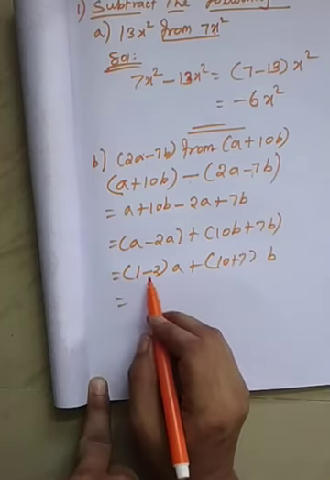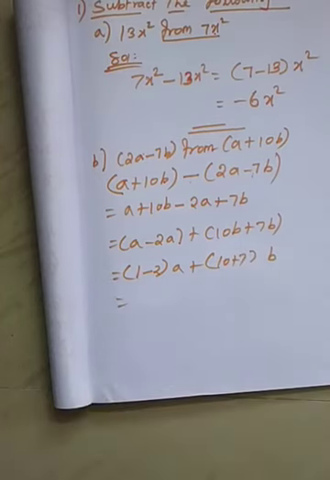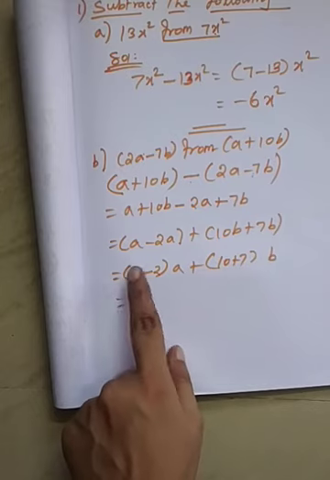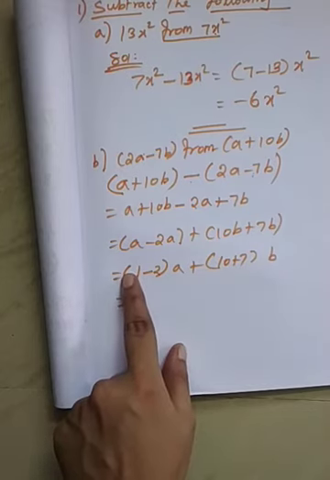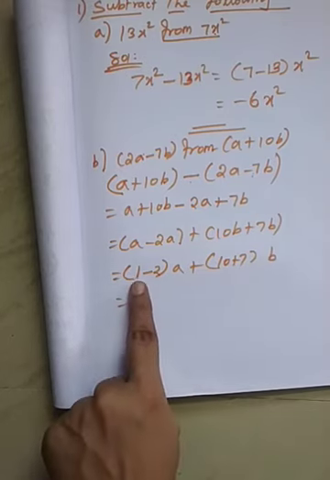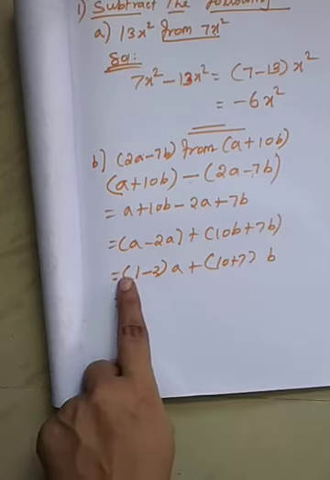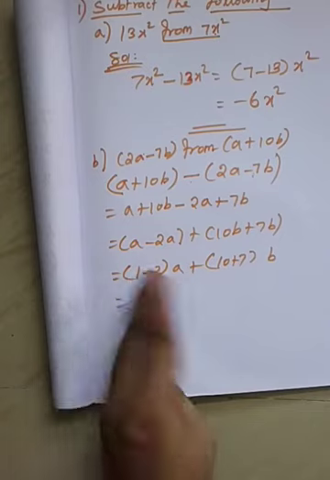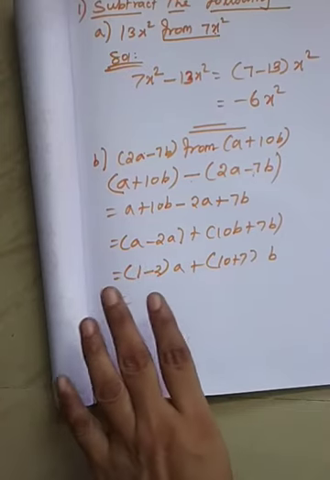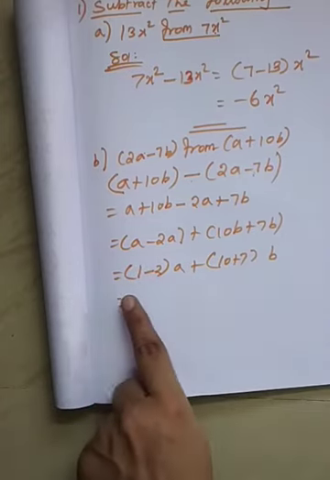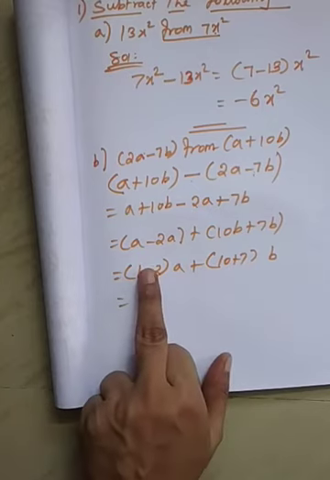See here, what is 1 minus 2? You will get confused: plus 1 or minus 1. See your terms, which value. Here the different signs will appear. One sign is plus, two sign is minus. So different signs: when different signs appear, see the largest value. Don't see the sign first.